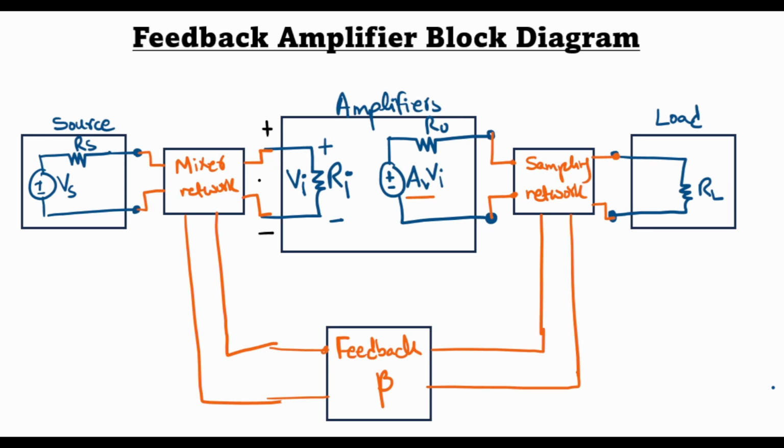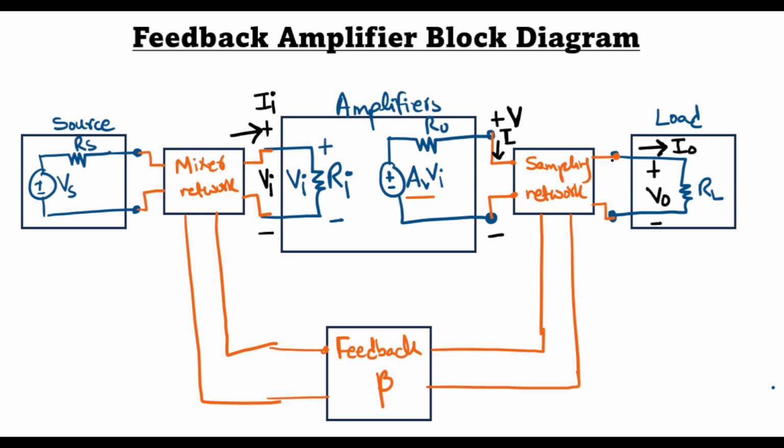The voltage at the input of the basic amplifier is represented by Vi, and the current going into the amplifier network is represented by II, while the output of the basic amplifier, which is also the input of the sampling network, is represented by V, and the current going into the sampling network is represented by I. The load voltage, let's call it V0, and the current flowing into the load resistance as I0. So this is what the sampling network essentially samples.